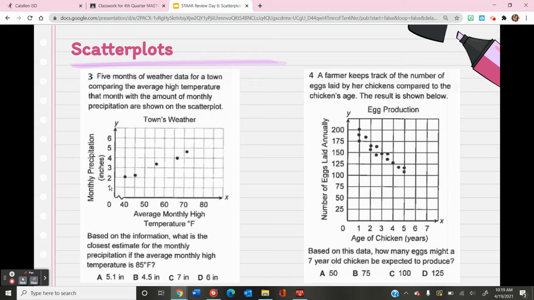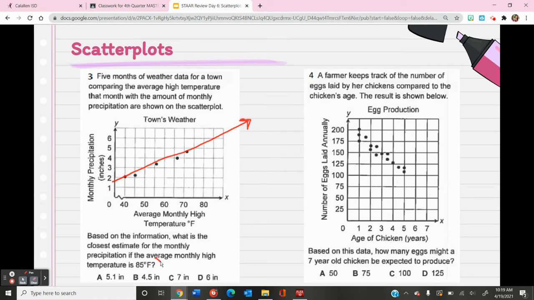Now, a trend line goes through the majority of your points. So if I were to draw my trend line, it would look something like this. And again, I'm looking for the amount of precipitation at 85 degrees Fahrenheit. Looking at my labels here, I see this side is my precipitation, this side is my temperature.